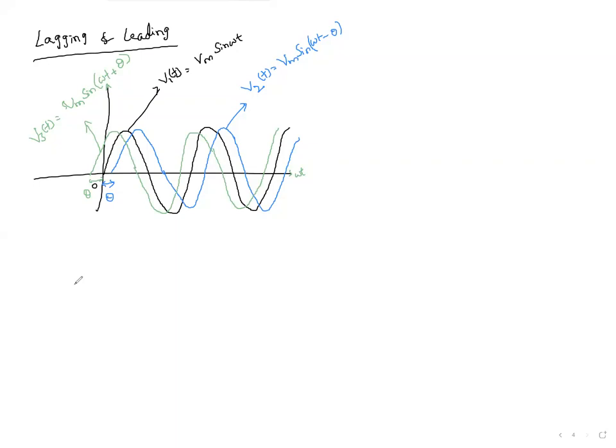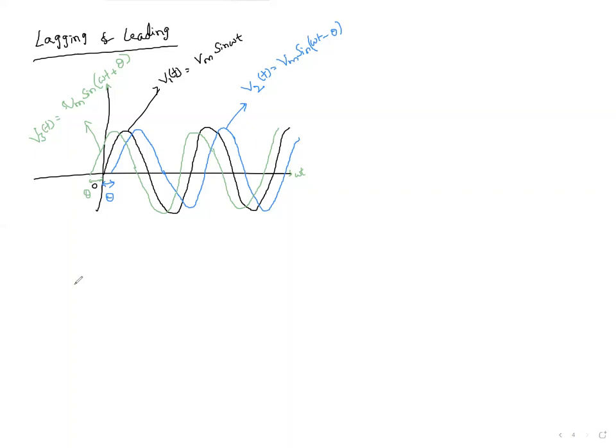V2 is lagging by the amount of dash with respect to V3. V2 lags V3 by the amount 2 theta.